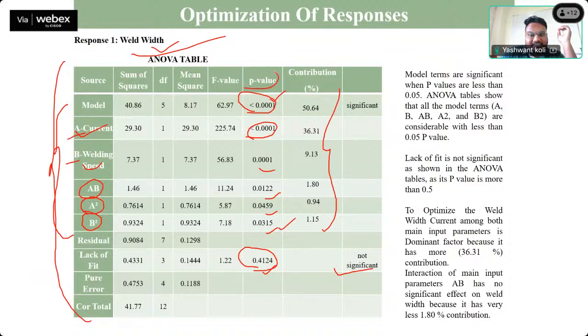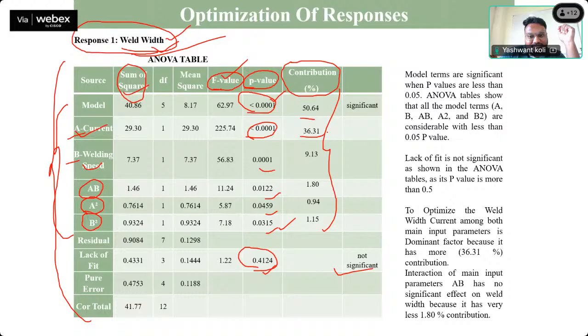Here p is the probability value, and this is the F value, the Fisher value. So the F value and mean sum of squares decide the contribution factor. This contribution is calculated from the sum of squares. From the contribution you can judge what the dominant factor is for this response, that is, how the weld width is responding, or what the dominant factor is by which the weld width can be influenced.